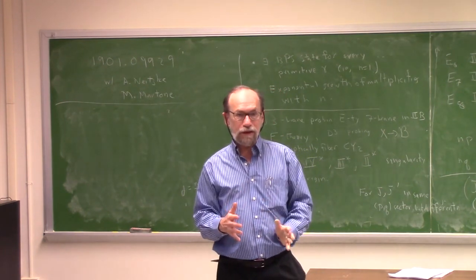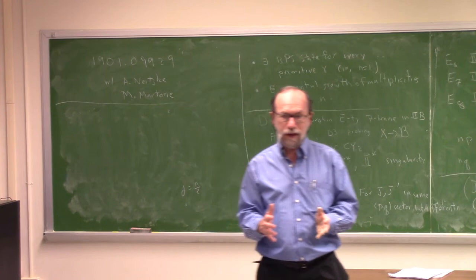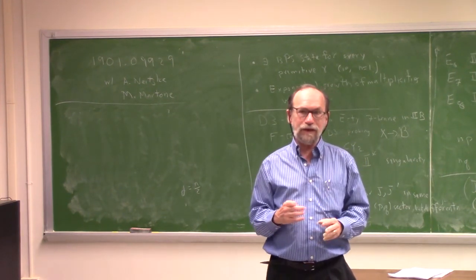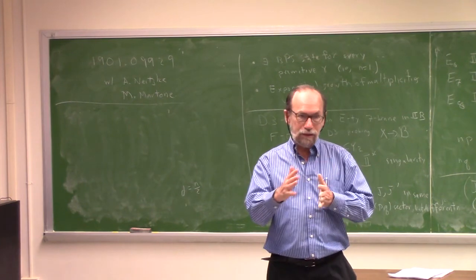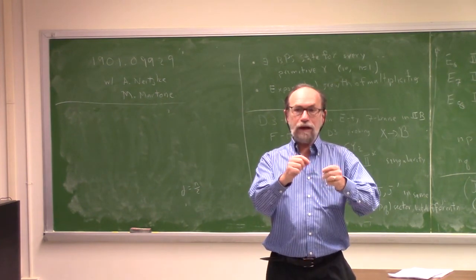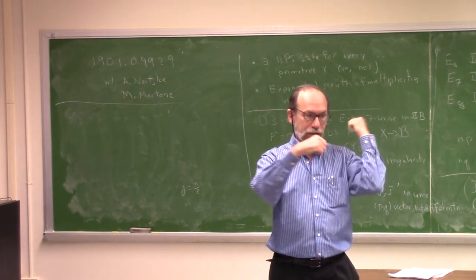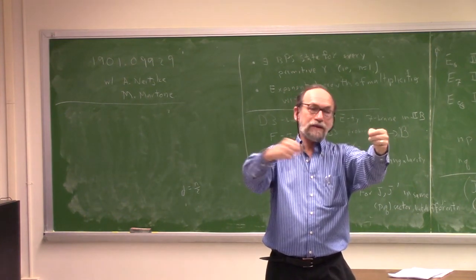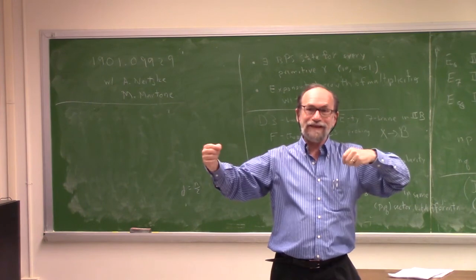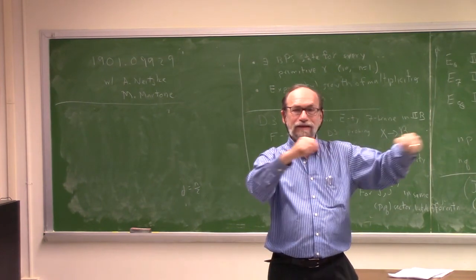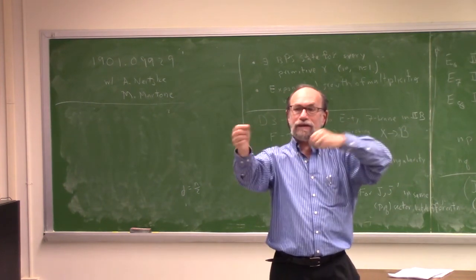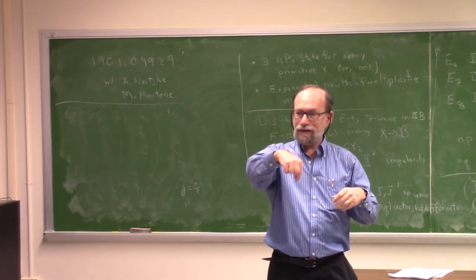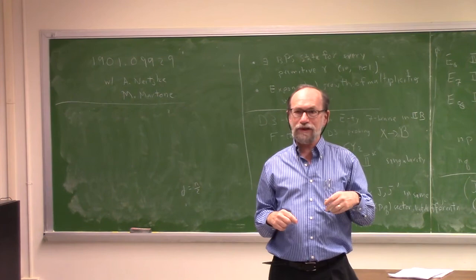If you want to go to higher rank, then things become much more interesting. One thing that happens in higher rank is you can get walls of marginal stability. Higher rank means, in this case, more D3 branes, so it depends on where they are, and there are different chambers depending on how they are oriented relative to the 7 branes sitting at the origin.